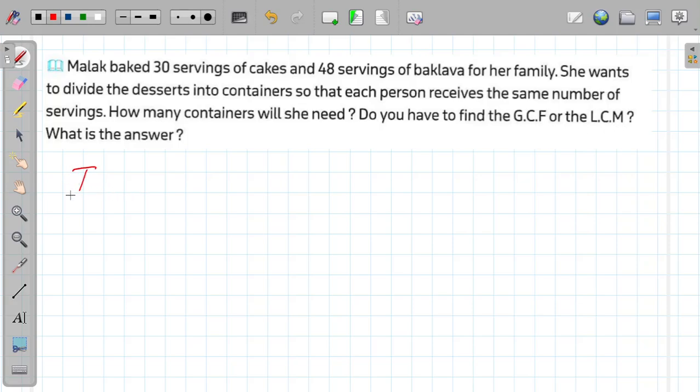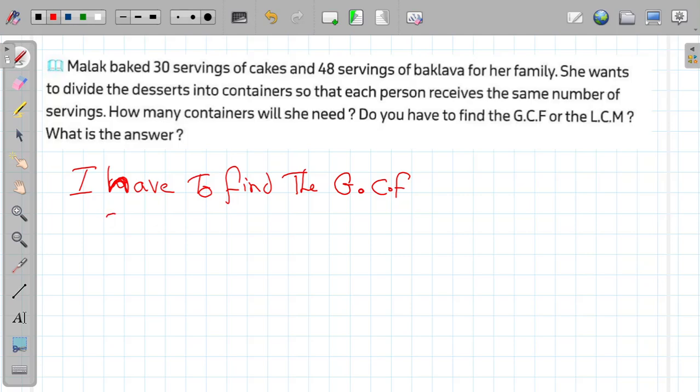I have to find the greatest common factor. Next, how many containers will she need? I think if I find the greatest common factor, I will answer this question.